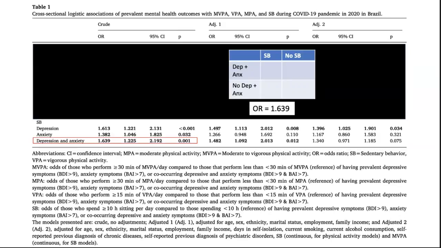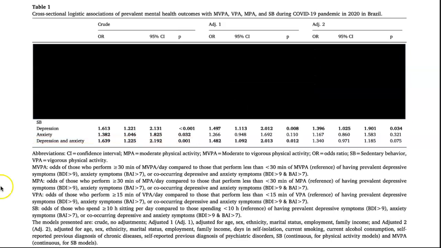The exposed group, therefore, is people who have depression and anxiety, and the unexposed is going to be the people that have no depression and no anxiety. And again, our outcome variable is sedentary behavior. And if you were to calculate this for the crude, you would get an odds ratio of 1.639. So that is essentially what these odds ratios mean for the crude, their relationship with the outcome of sedentary behavior. You can think of each independent variable as having its own kind of 2x2 table with the outcome variable, and then these are the results of those analyses.